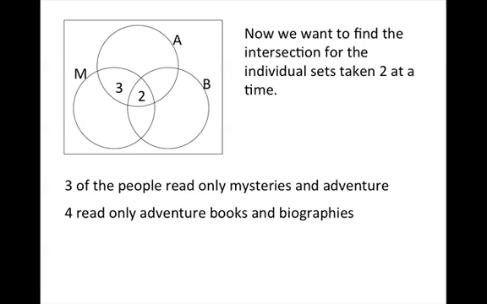I'm told 4 read only adventures and biographies. So look at your intersection for adventures and biographies. That 4 is not including the 2. So I'm going to put all 4 in the intersection for A and B, leaving out the part where all 3 overlap.